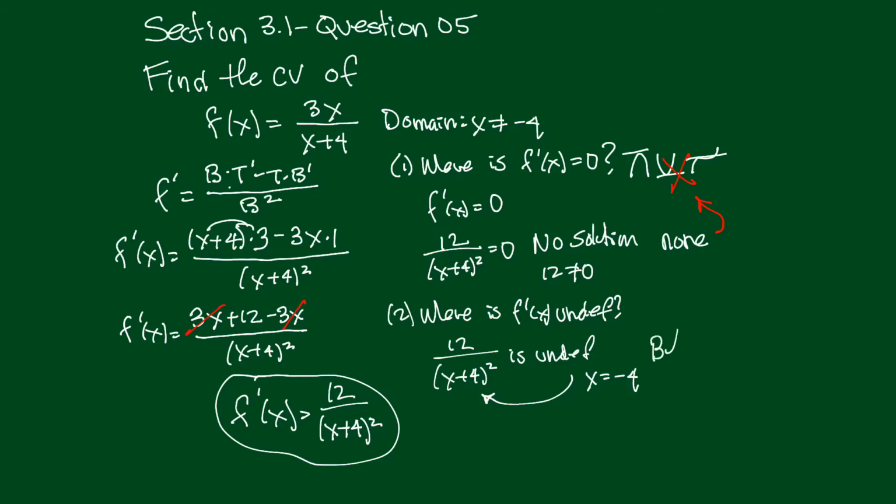But -4 is not an element of the domain. So there are none. That means there's none of these either. So we're not going to get any critical values of this kind, or anything on our curve that looks like this.